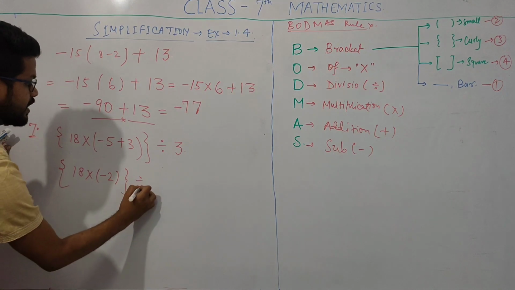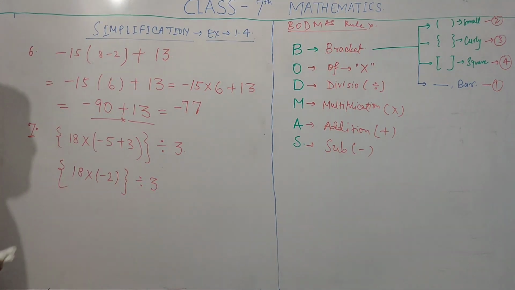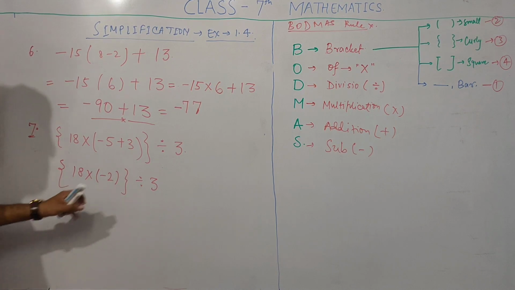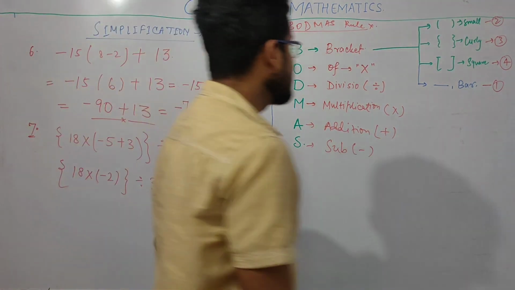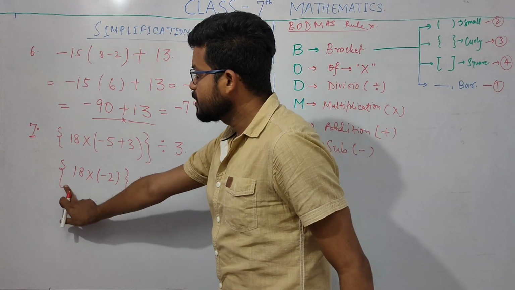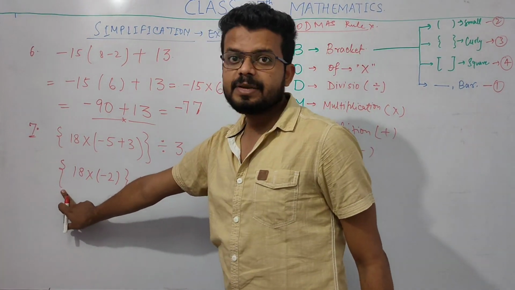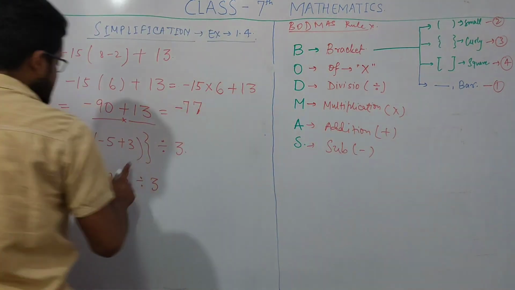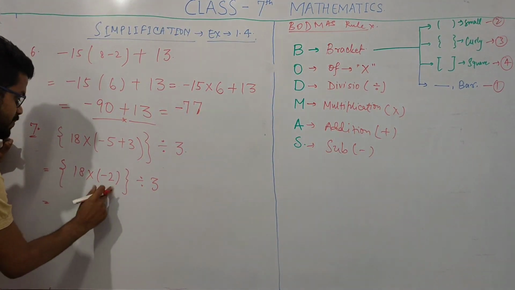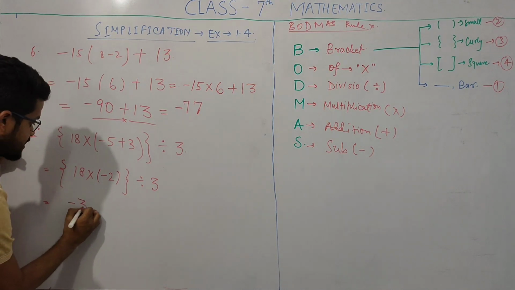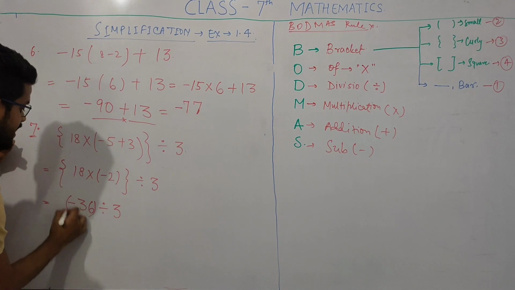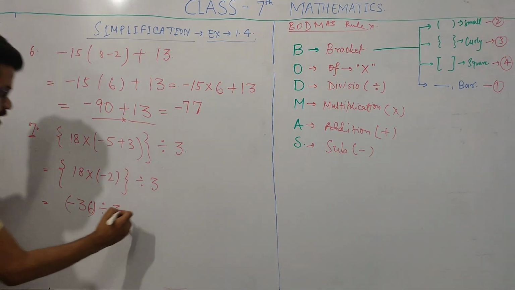And divided by 3. Now this is minus 2 into 18. So after the small bracket I give the priority to the curly bracket. So I solve within the curly bracket. 18 into minus 2 is minus 36 divided by 3.